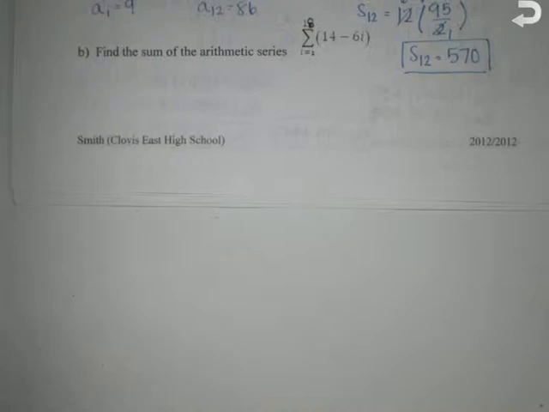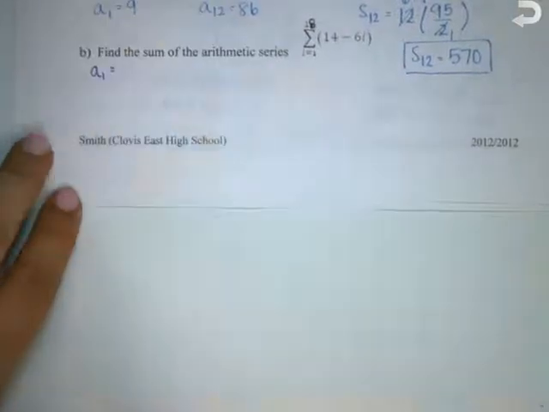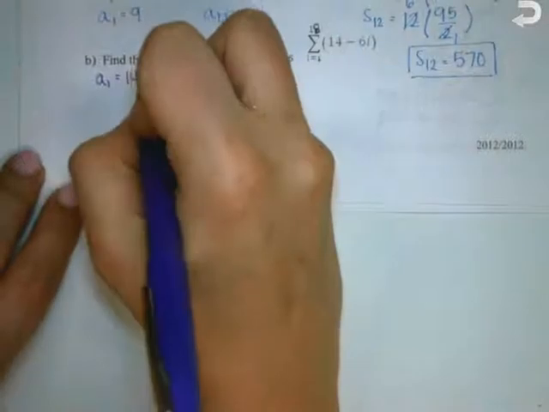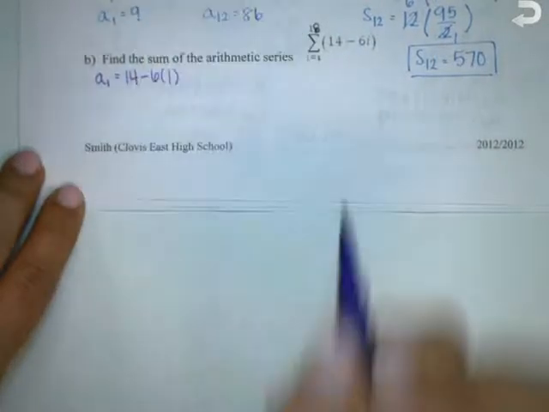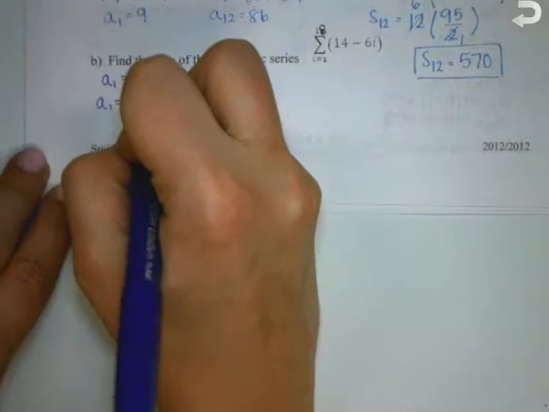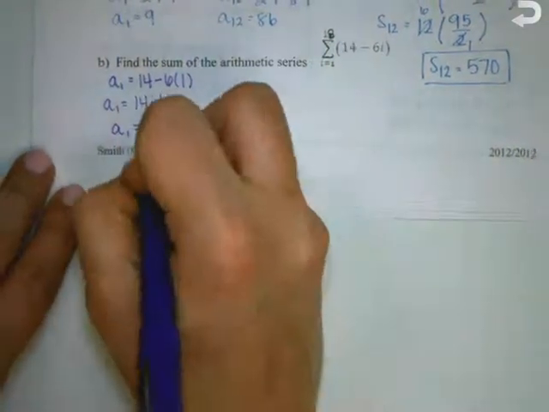So a sub 1 equals 14 minus 6 times 1. So that's a sub 1 equals 14 minus 6. So a sub 1 equals 8. Not bad. A sub 18. That's 14 minus 6 times 18.